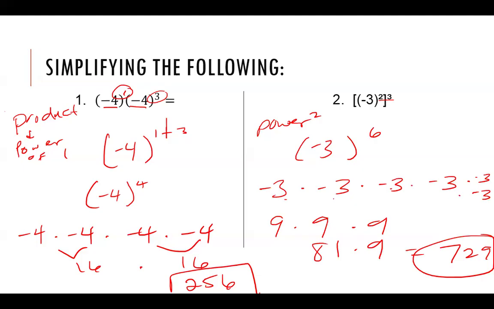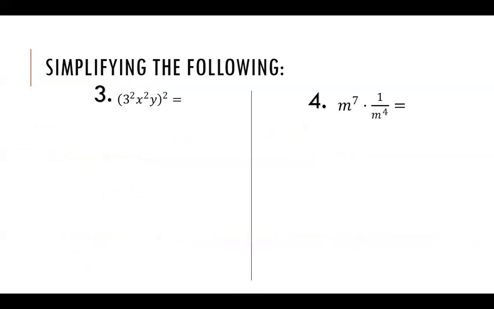All right. Let's go on to number 3. What rule am I using for 3? Power of product. Good job. This is power of product, which means that I'm taking the power and I'm distributing it to every exponent.